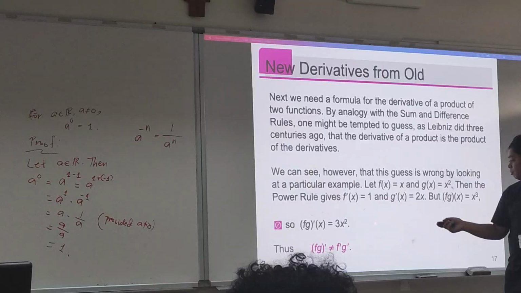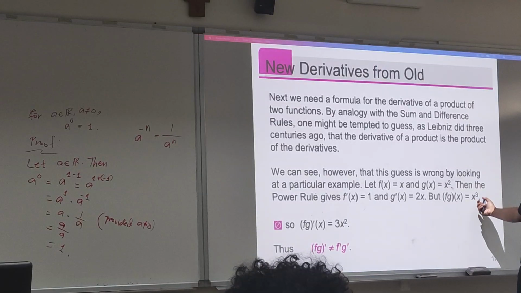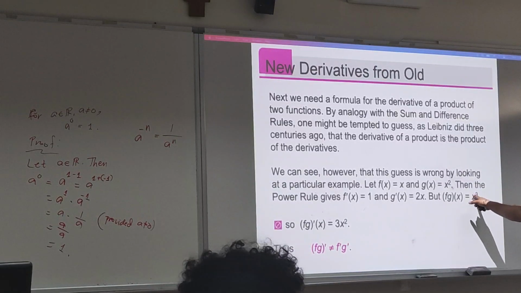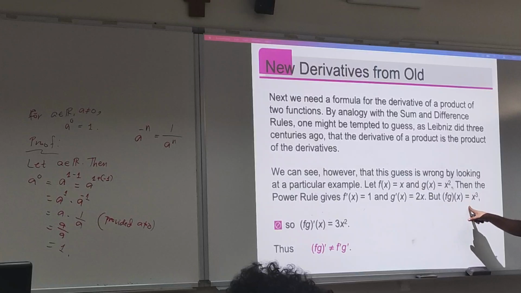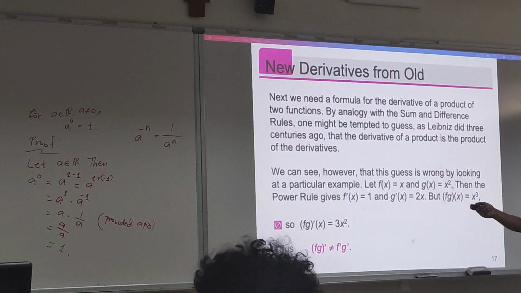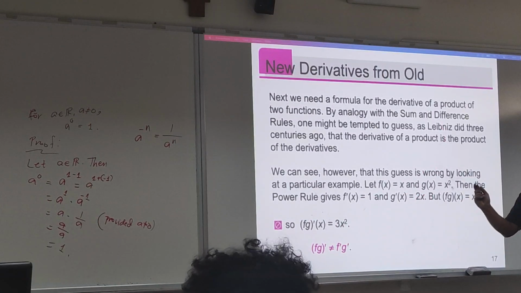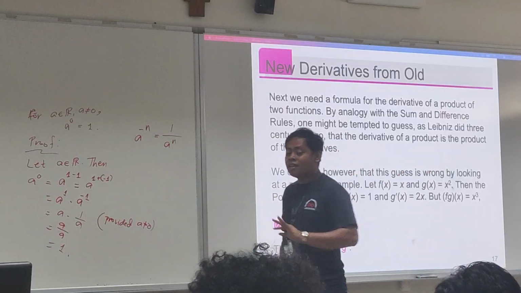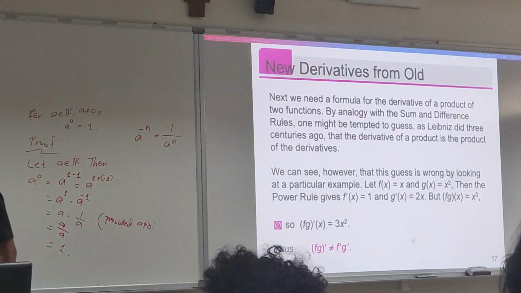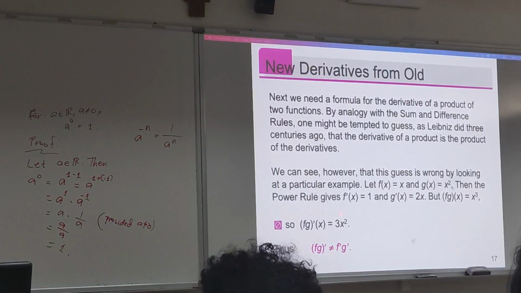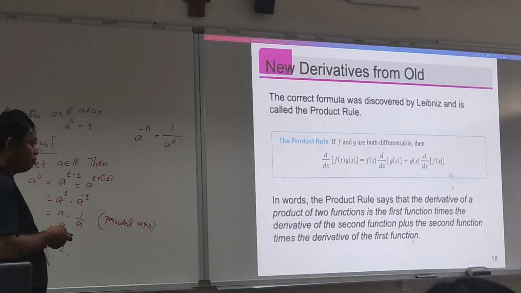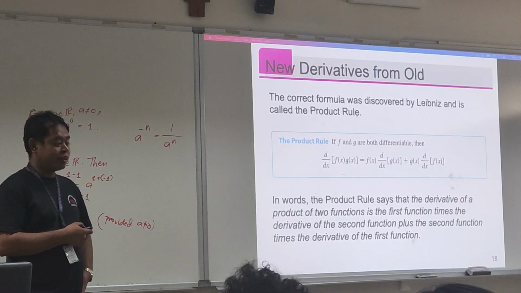But how about this one? If we take the derivative of the product, x cubed, this is 3x squared, which is not the same as this. So that's why the notion is wrong. Meaning (fg)' is not equal to f' g'.